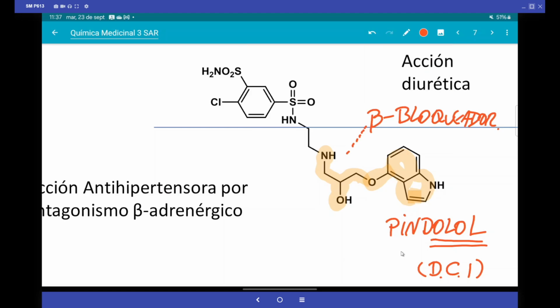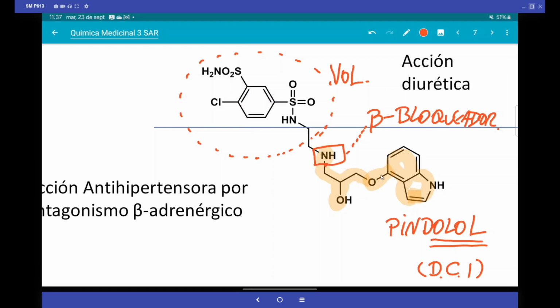Someone said, why don't we stick a diuretic in the amino group that helps eliminate urine and therefore reduce blood hypertension even more? And why here? Because it is known that beta adrenergic receptors allow a voluminous group at the level of the amino. Therefore, the connection could not be just anywhere.